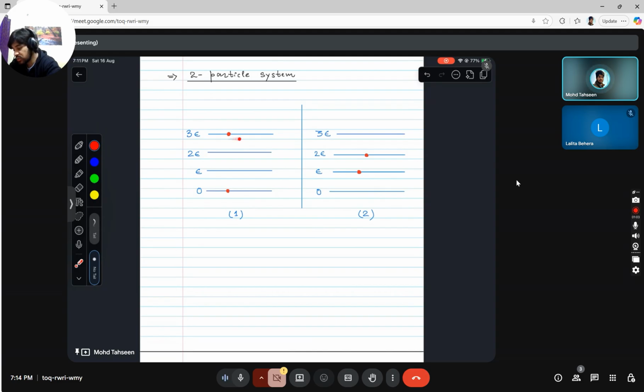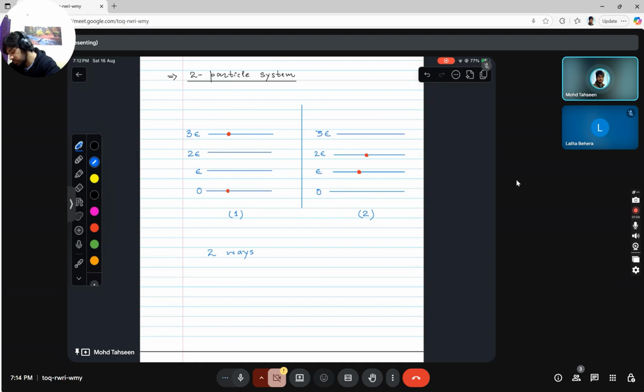So there are two ways in which we can fill this state. Once we fill this state, the other one is automatically decided, the other particle will go here. So there are two ways in which this microstate can be achieved.